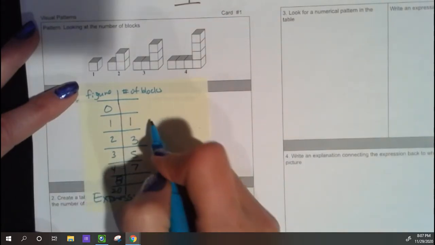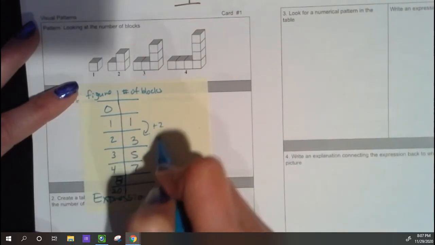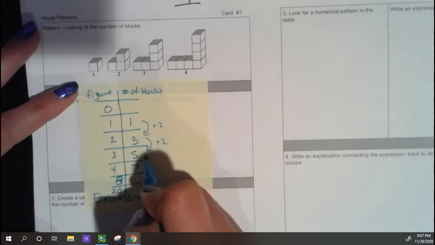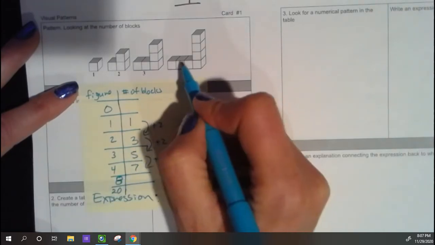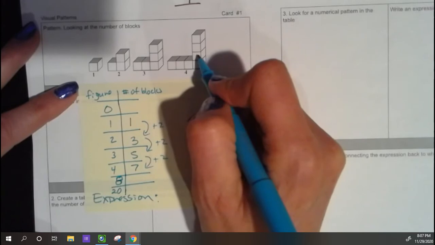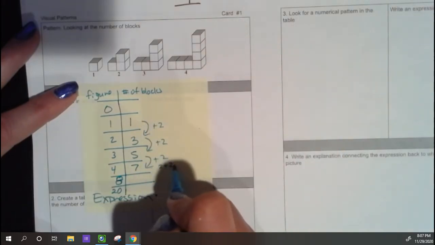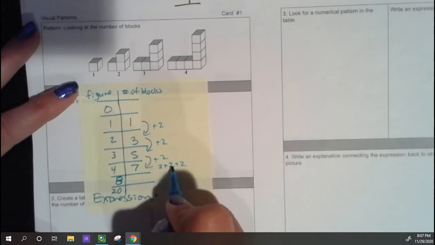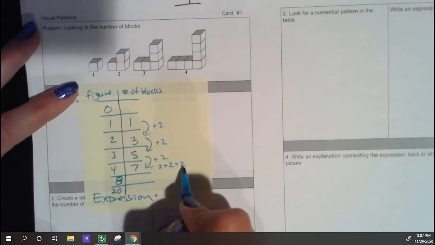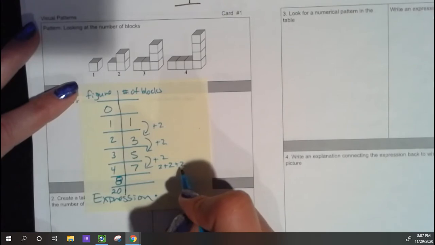So you can kind of see what's going on here is that we're adding 2 each time. By the time we got to this one, we've added 2, added 2, added 2, 3 times. So this 7 was really added 2 that many times.